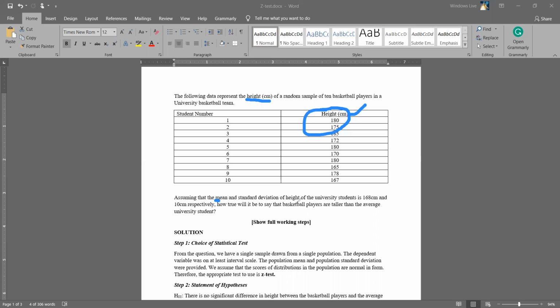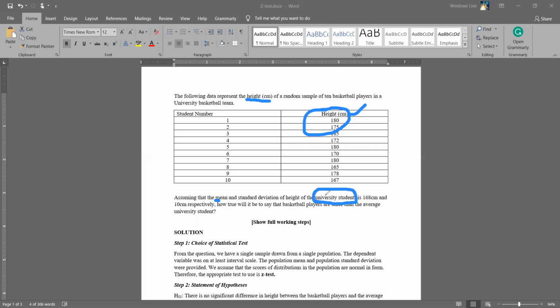When it comes to mean, standard deviation, variance, and standard error of the mean, we have the sample and the population versions. So you ask yourself, are the mean and standard deviation provided here for the sample or for the population? They didn't outrightly indicate it, but they are telling you the mean and standard deviation of height of the university students. And we know the university students to be the population. So this is the clue.